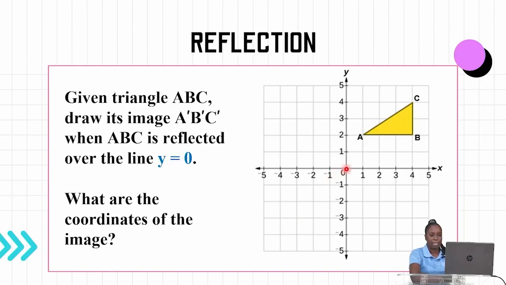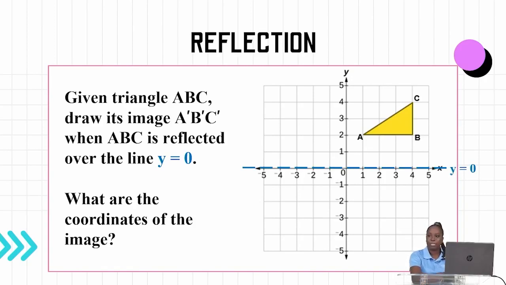We know that this location is the point 0, 0. And any position chosen, y is still going to be 0 along the x-axis. And so the x-axis is known as the line y equals 0. So now that we have our mirror line, let's reflect triangle ABC over this mirror line.